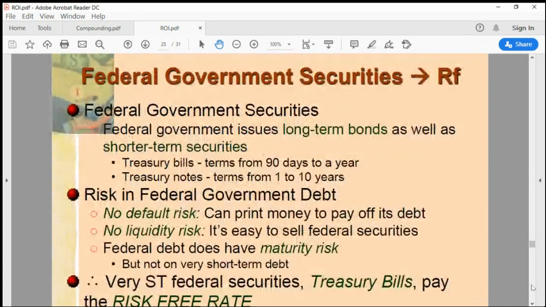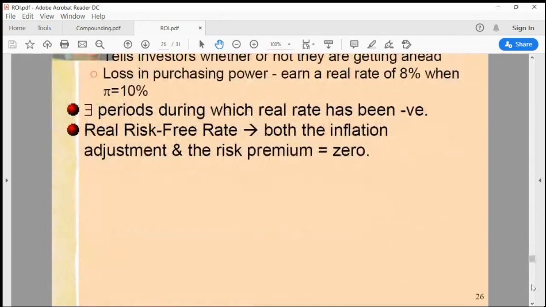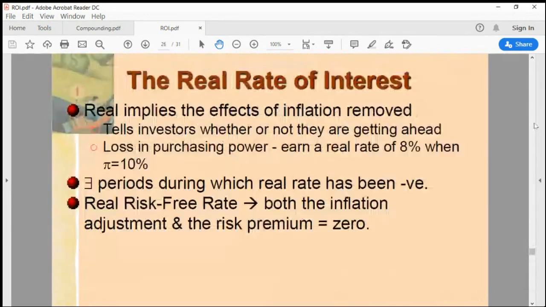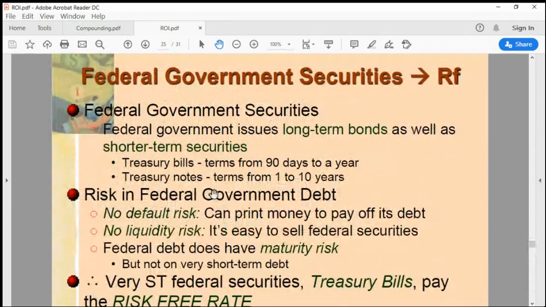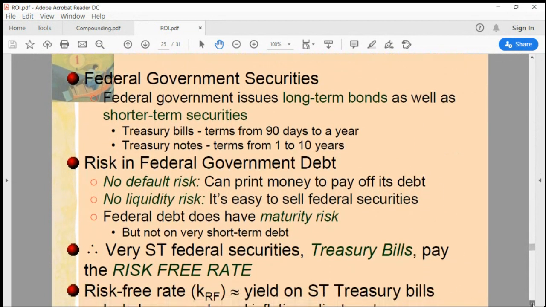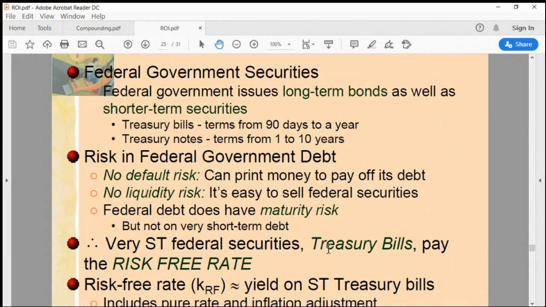But now, we are moving on to the yield curve. Okay, so these slides, we have actually discussed in the previous videos, right? Treasury bill, treasury note, treasury bond, and treasury bill risk-free rate.